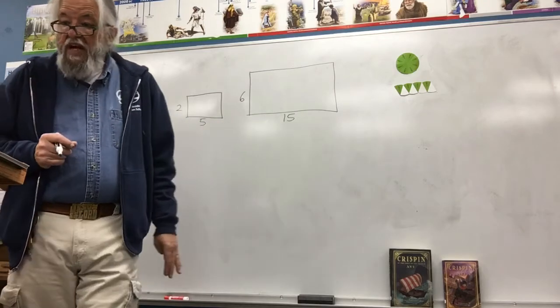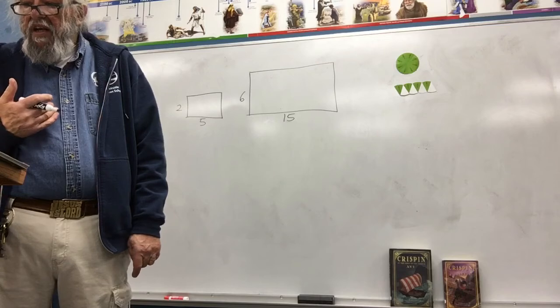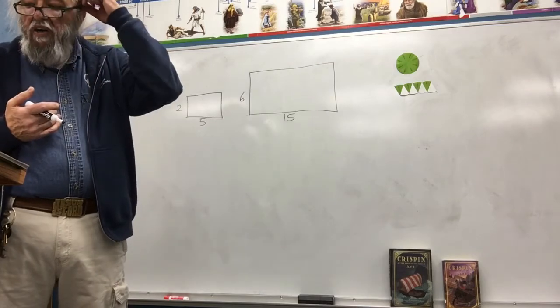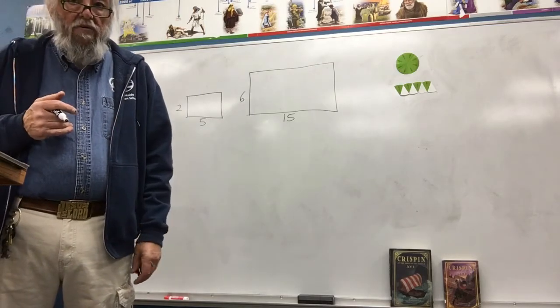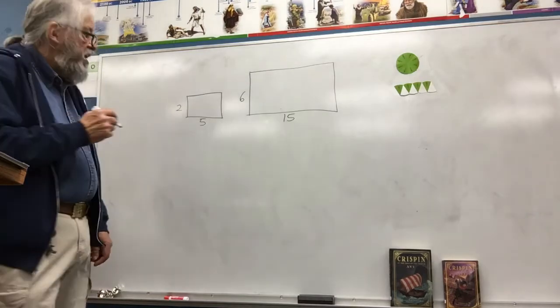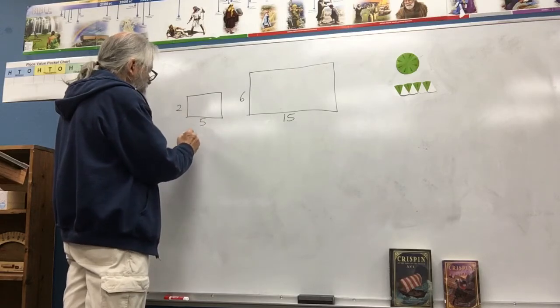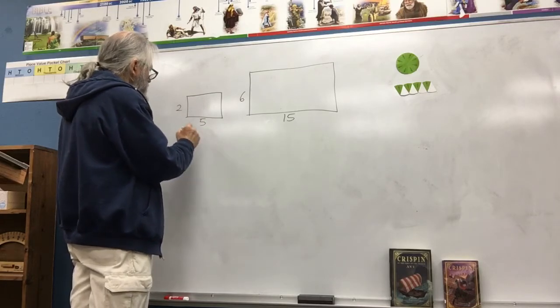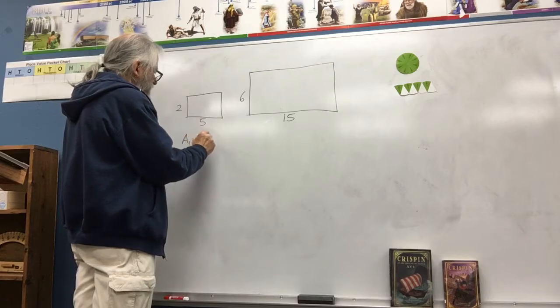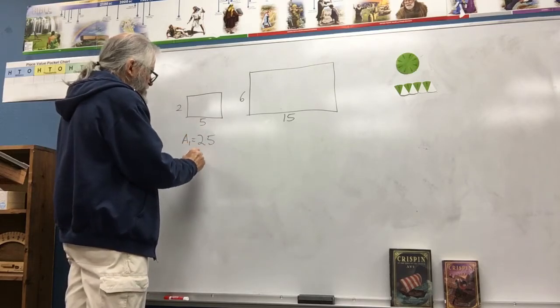Okay, so that's what they're showing you here. The same thing is true of the areas. Okay? So if we call this figure 1, then area 1 would be 2 times 5, which is 10.